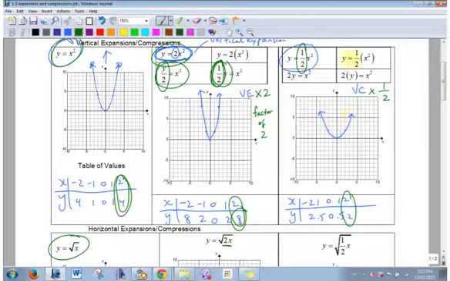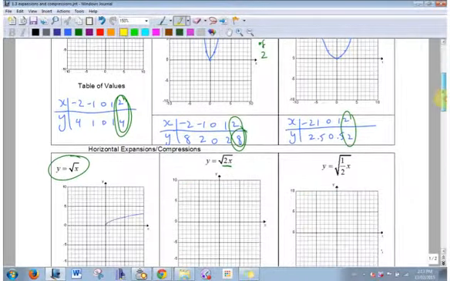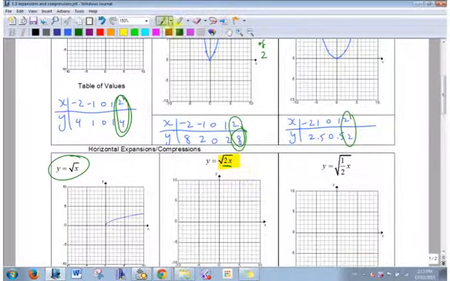For y, what did this do when I put a 2 beside the y? When I put a 2 by the y, what did it do as far as y is concerned? It was a vertical compression. This is going to do the same thing with x. If I put a 2 there, that is going to be a horizontal compression.